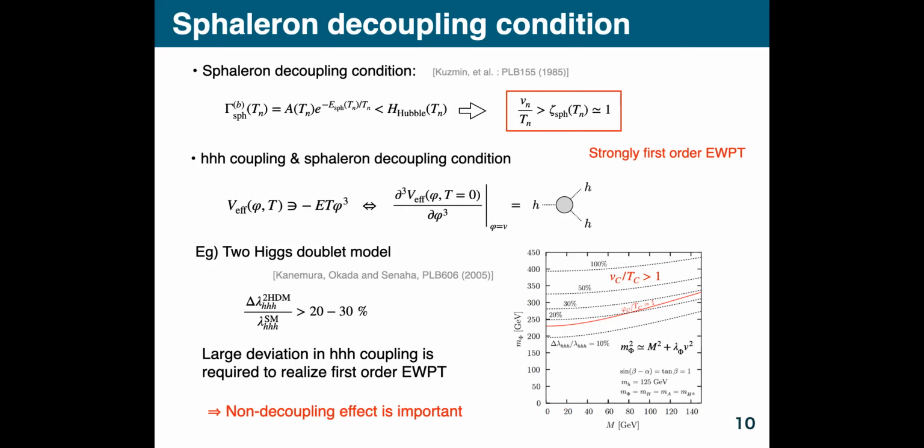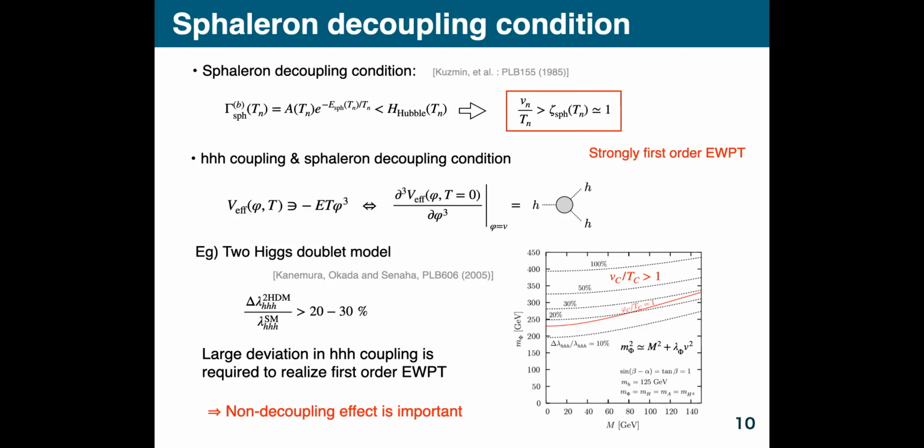Yes. When you calculate the coefficient and the triple Higgs boson coupling in the Twin Higgs model, the coefficient is proportional to the cubic of the additional Higgs boson.